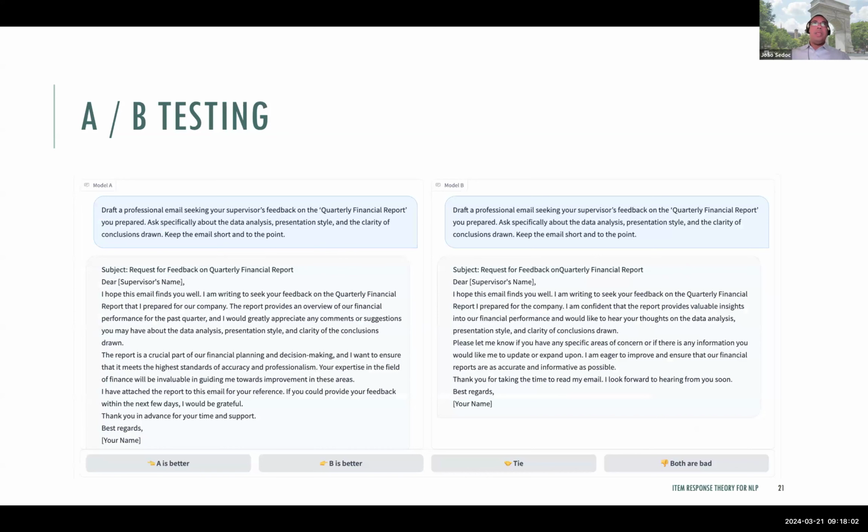Next, we have things like A/B testing. Here, it's even more obvious that we're looking at a comparative analysis, and these kinds of comparative analysis lend themselves really well to using these types of models. So we can see, is A better, is B better, is it a tie, or are they both bad?